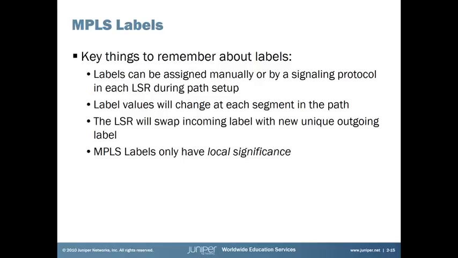So the packet that arrives comes in from the downstream router, and the router is expecting that value on that label. It has a lookup table which tells it what to do with that particular label value. It will then do the forwarding operation and also swap the label with a new outgoing label that its upstream router will be expecting.